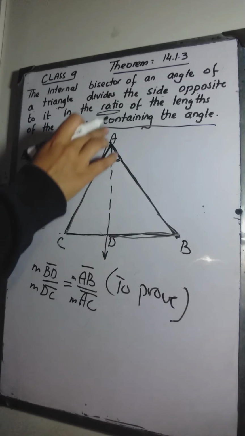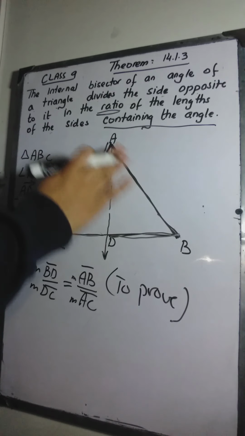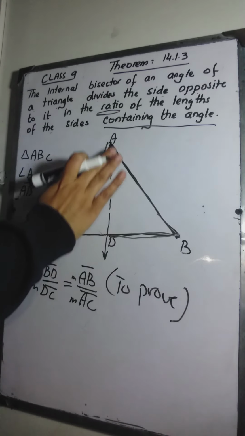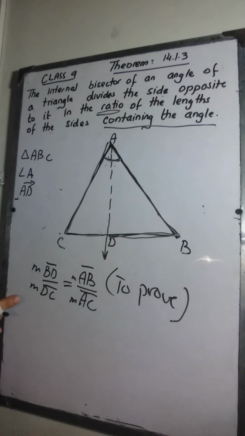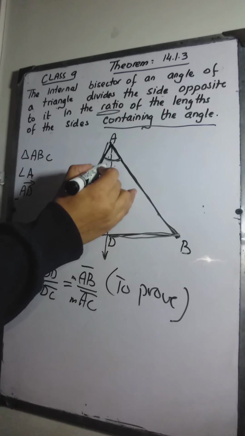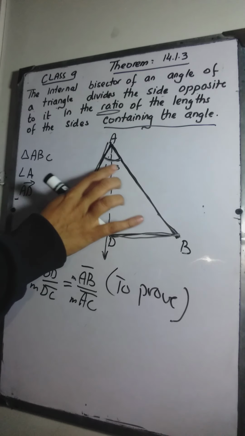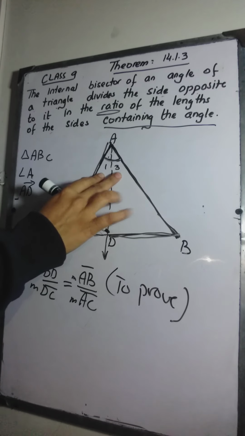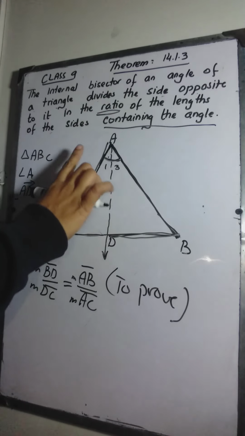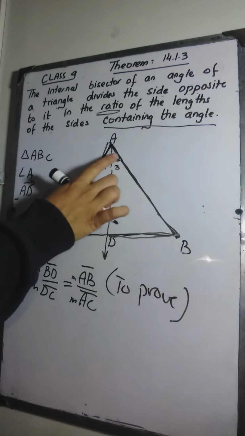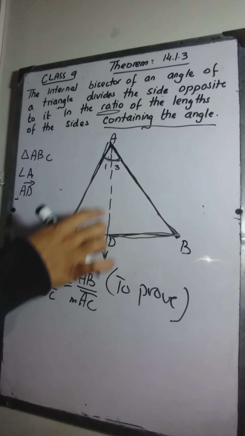So they have given us a triangle ABC. We have an internal bisector. Bisector means these two angles are definitely going to be equal to one another. Angle 1 and angle 3 are going to be equal to one another. We will take angle 2 as in the construction. These two angles will be congruent because AD is the bisector.